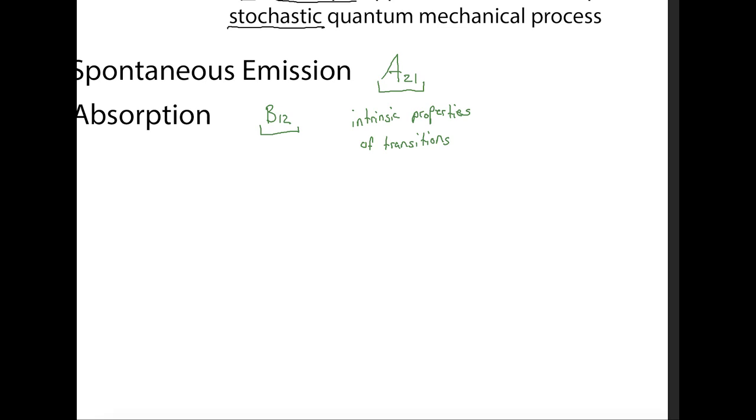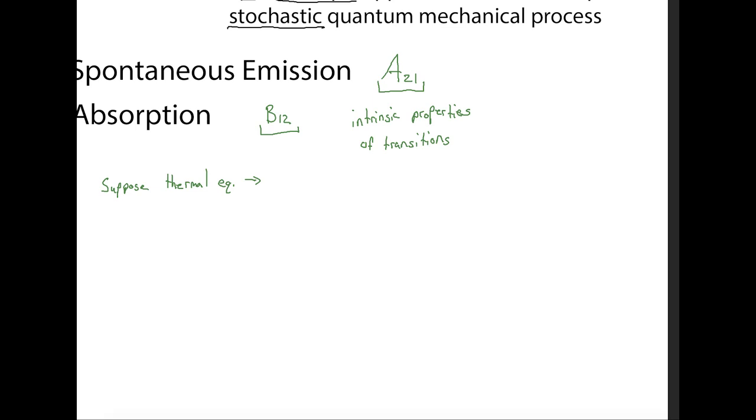Now, if these are intrinsic properties, then they need to work out in any situation that we find atoms in, including in thermal equilibrium. So suppose we are in thermal equilibrium. Now, I'm not saying that Einstein A and B coefficients depend on thermal equilibrium. I'm just saying that they are intrinsic properties of transitions. Sometimes we are in thermal equilibrium. Let's just find out what that means for these Einstein A and Einstein B coefficients.